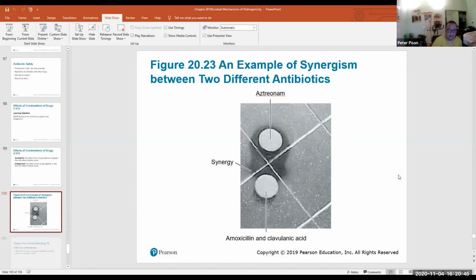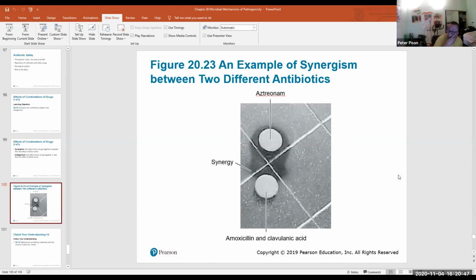And here you can see the effects of synergism. This middle region right here has both drugs, and that actually has the effect of increasing the zone of inhibition.